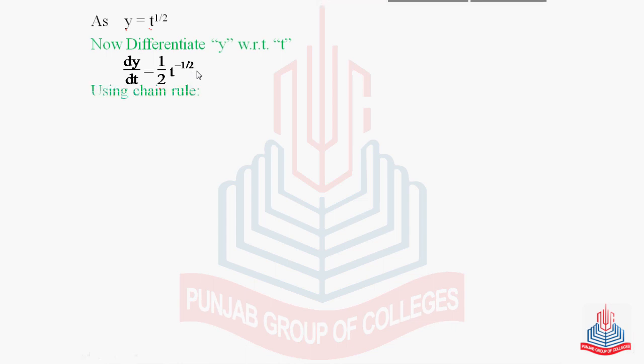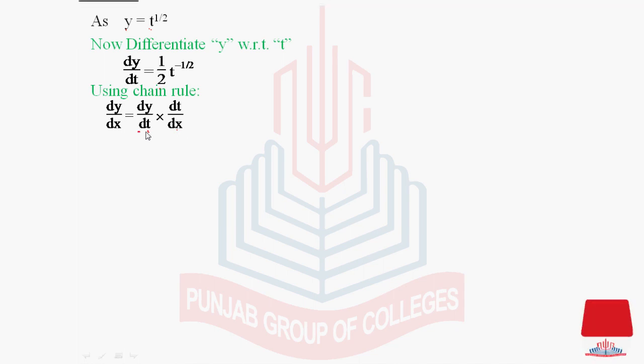So using the chain rule, as we mentioned earlier, we have two derivatives, dy by dt and dt by dx, and by joining these two derivatives we will form our required derivative, which is dy by dx. So by using the chain rule, that will become dy by dt, and then the derivative of t with respect to x, dt by dx. We have already calculated these two derivatives, so just substitute these values.